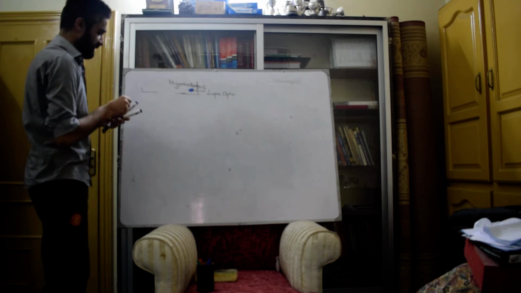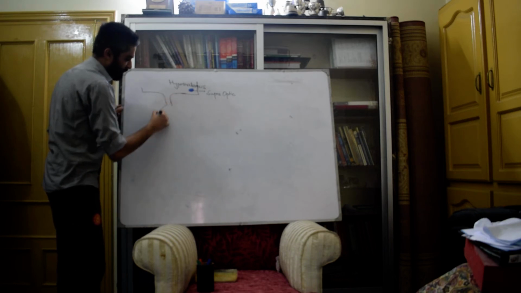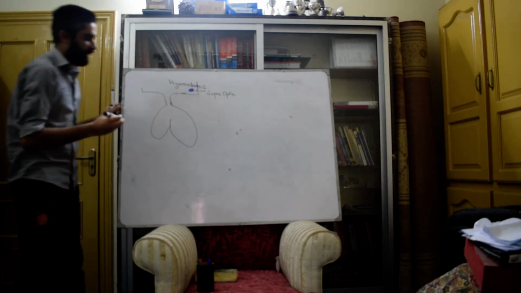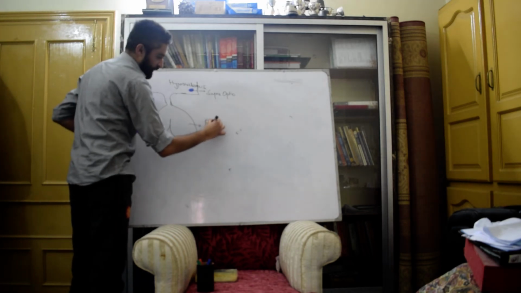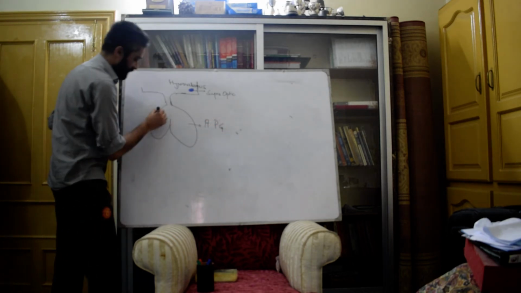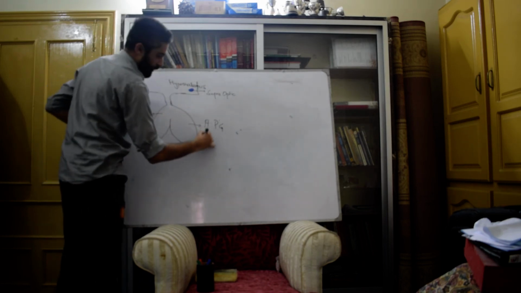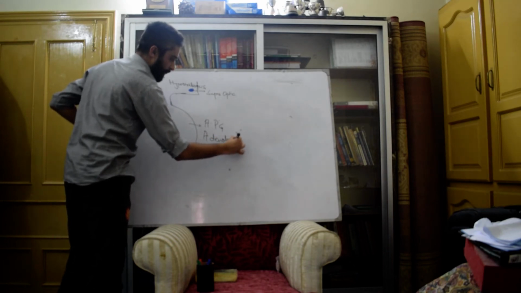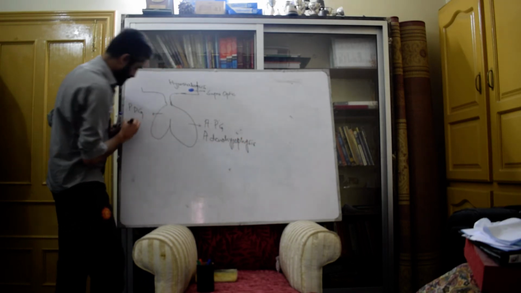From this hypothalamus there is a stalk extending downward, and this stalk then changes into the pituitary gland, which we have already discussed. It is divided into two: the anterior pituitary gland and the posterior pituitary gland, or adenohypophysis and neurohypophysis.